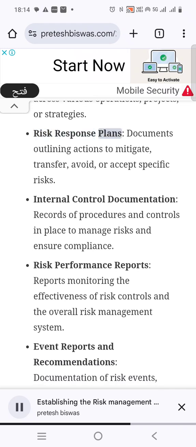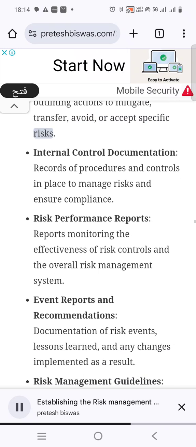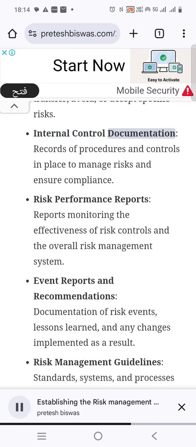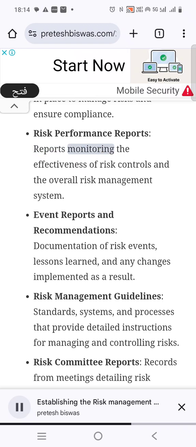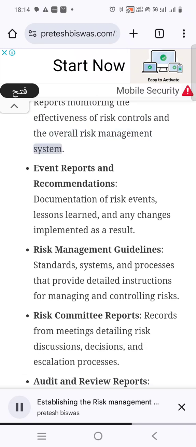Risk response plans, documents outlining actions to mitigate, transfer, avoid, or accept specific risks. Internal control documentation, records of procedures and controls in place to manage risks and ensure compliance. Risk performance reports, reports monitoring the effectiveness of risk controls and the overall risk management system.